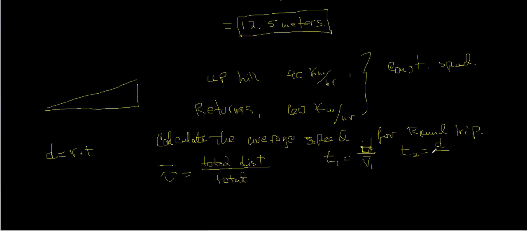The return trip would be t2 equals d over v2.